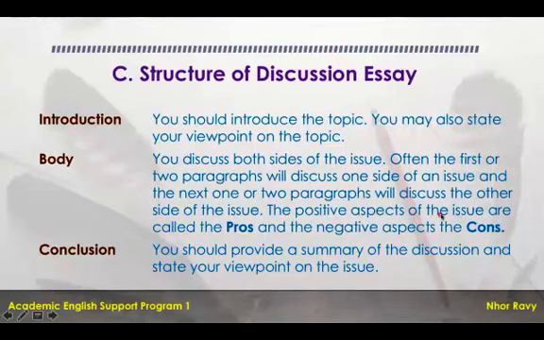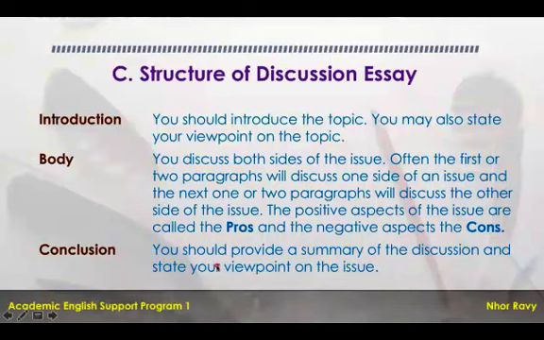The positive aspect of an issue, we call it pros, and the negative aspect, we call it cons. So usually you can have up to 2 paragraphs in your body, because maybe in one paragraph you discuss the positive aspect, and in another paragraph you discuss negative aspects.